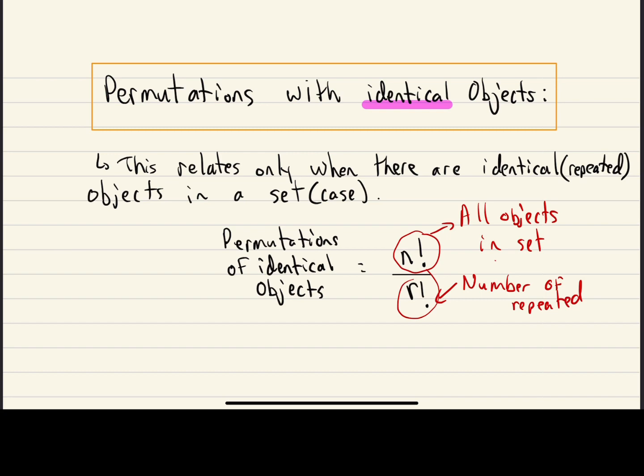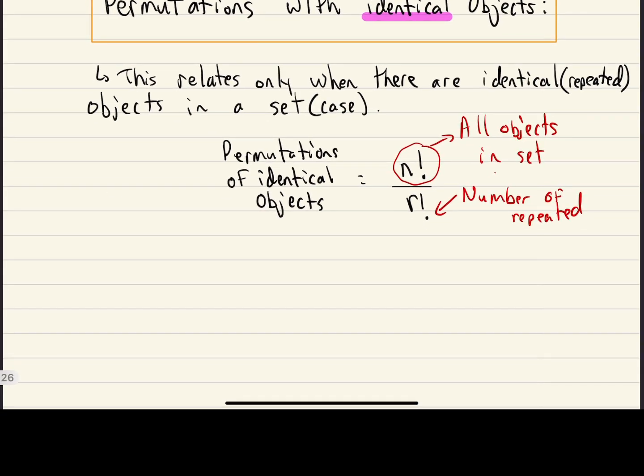So for example, let's say out of 5, so it'd be 5 factorial would be the number of objects in the set, and then there's a repeat of 2, and then another repeat of 2, and then there's only 1.